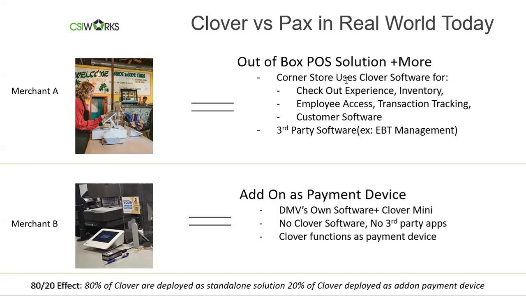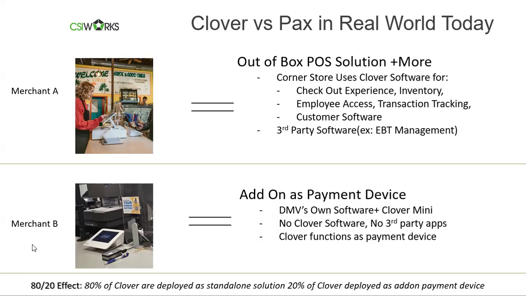A lot of that software came out of the box from Clover. So the corner store uses Clover hardware for checkout experience, inventory, employee access, transaction tracking, customer software. And then the third-party software, an example, would be EBT management, which is introduced as a third-party app. They just go to the app market and download this app.